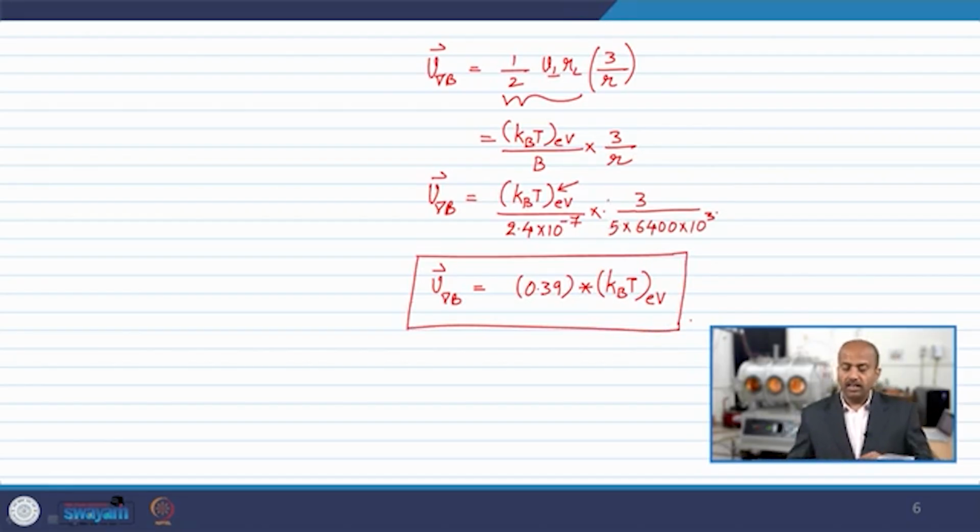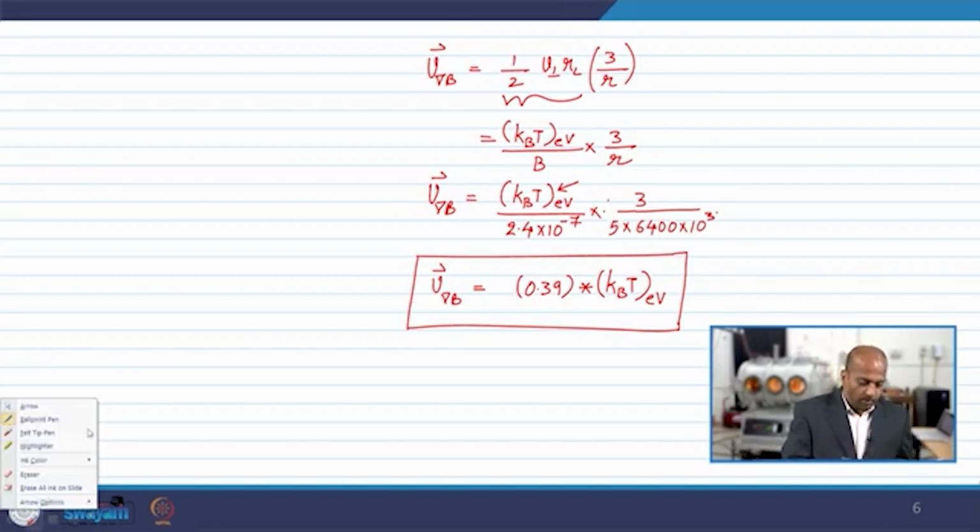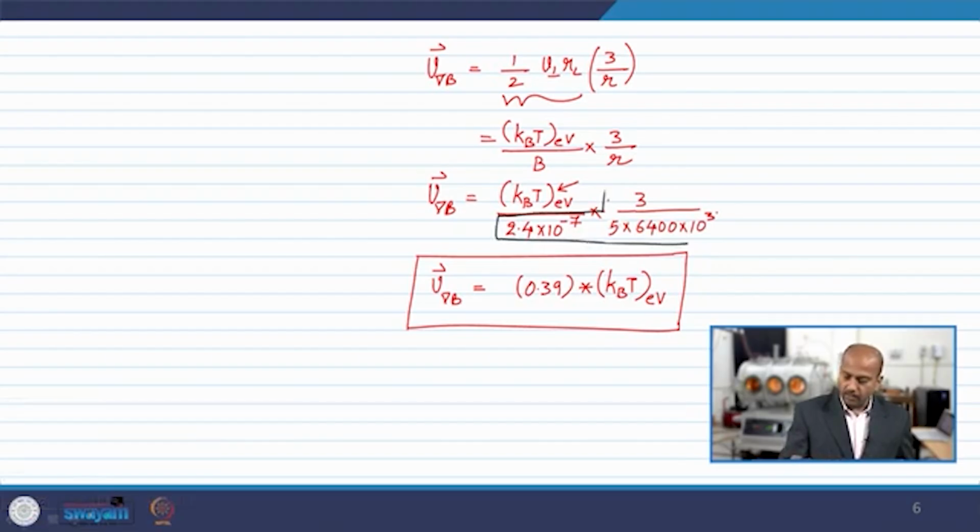How did I get 0.39? 0.39 is just the algebraic simplification of this entire factor, 3 divided by 2.4 times 10 to the power of minus 7 and so on, and this entire factor will be equal to 0.39.